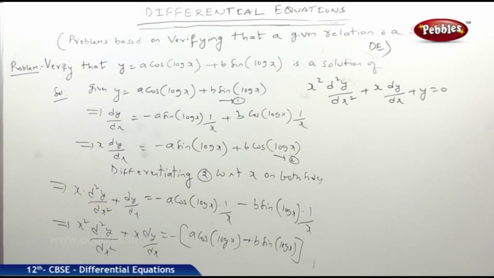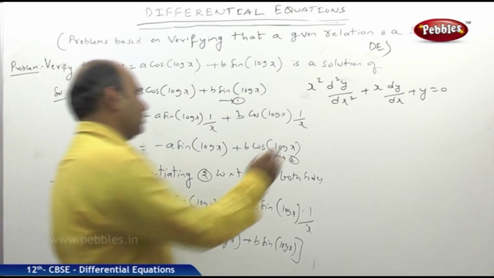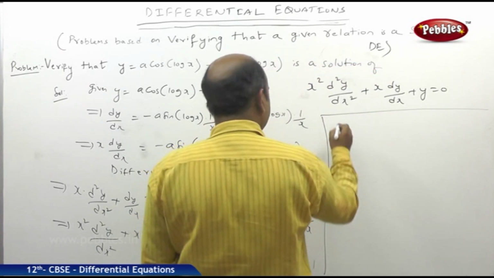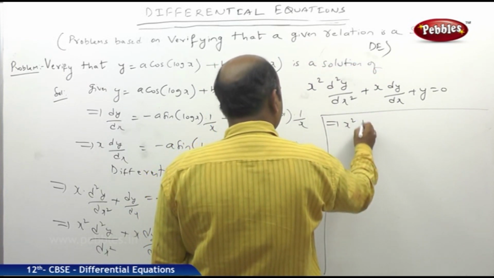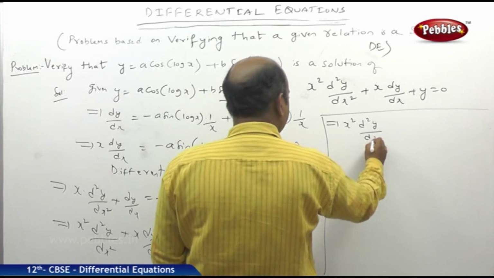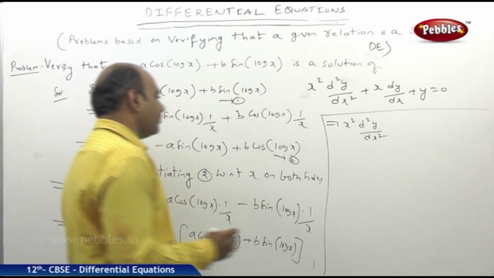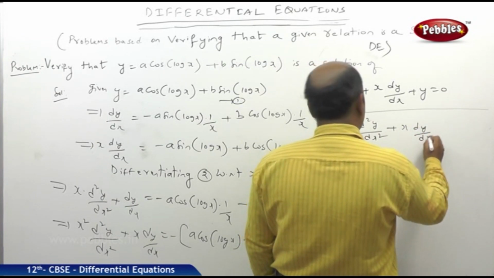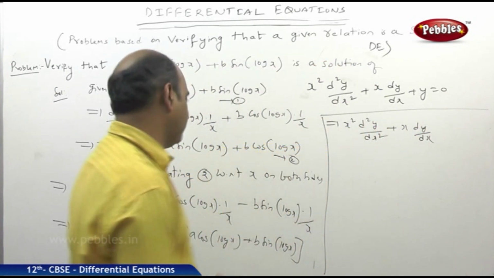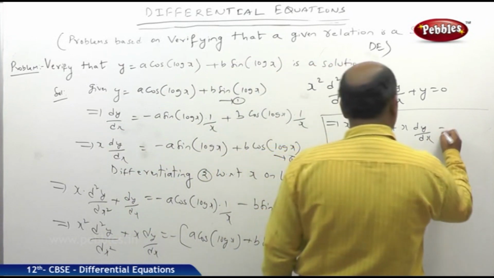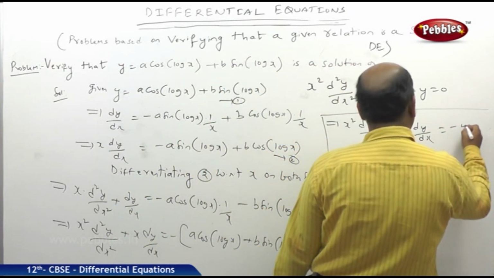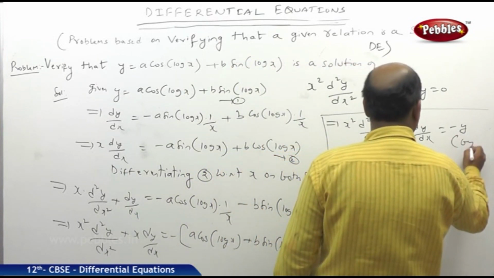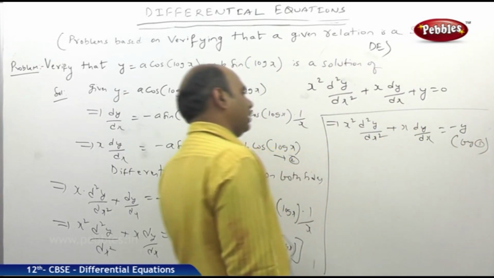So here finally, that implies x square d square y by dx square plus x into dy by dx is equal to minus, this whole thing on the right hand side is nothing but y. So this becomes minus y. How you got this, you can call it 1.